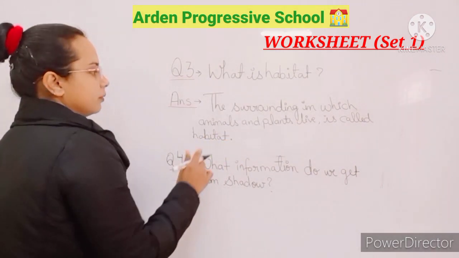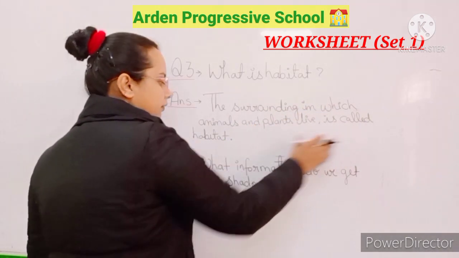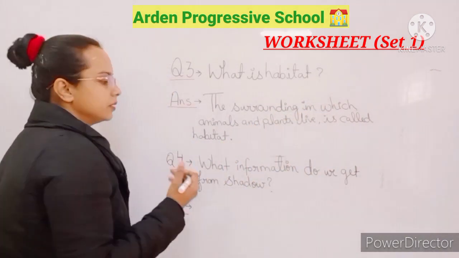So what is a habitat? The surrounding in which animals and plants live is called its habitat.